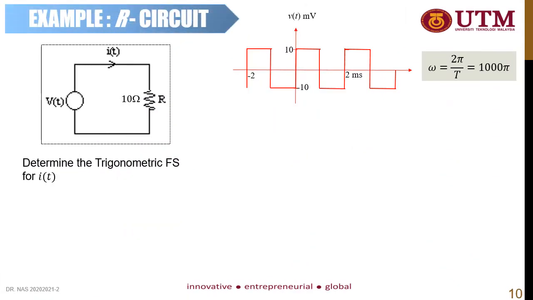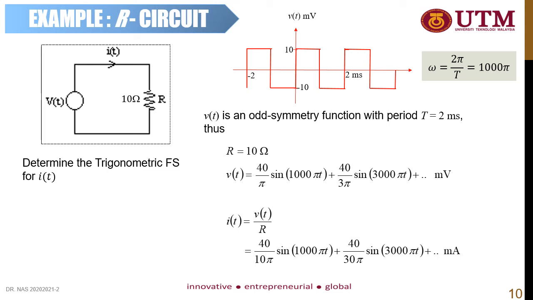Okay, let's look at this example when you have only one passive component in the circuit. So you need to determine the trigonometric Fourier series for It. Given is the Vt, so you need to get the exponential Fourier series for Vt, and then get the trigonometric equation, then you can solve for It. Okay, so in this case, R equal to 10 ohm.